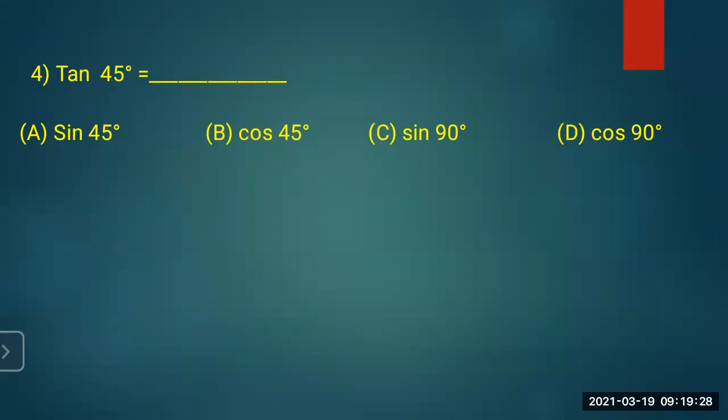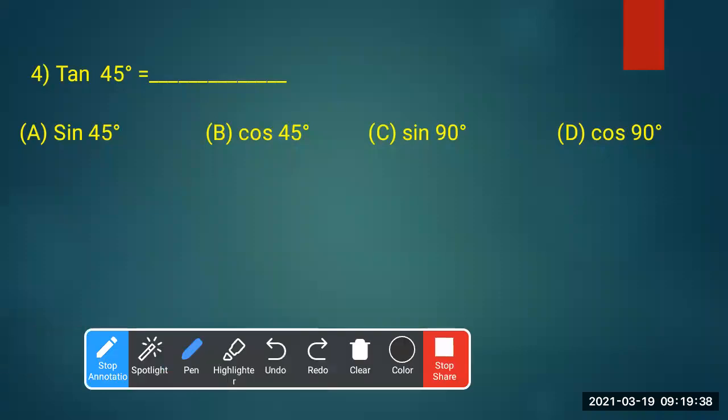The value of tan 45 and the value of sin 90, from the table, students, is 1.